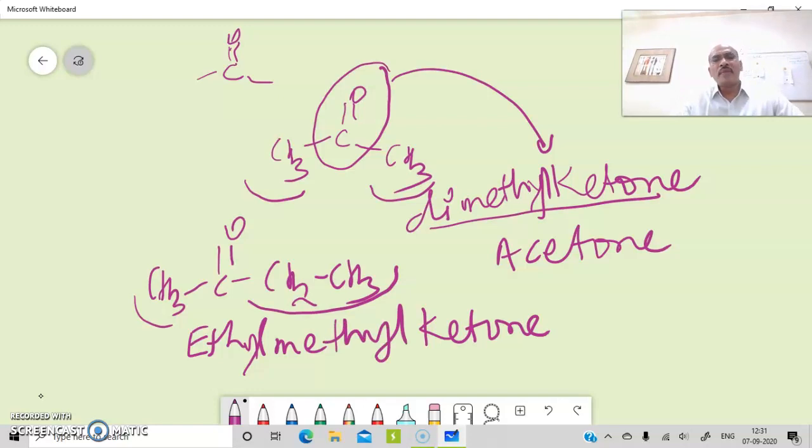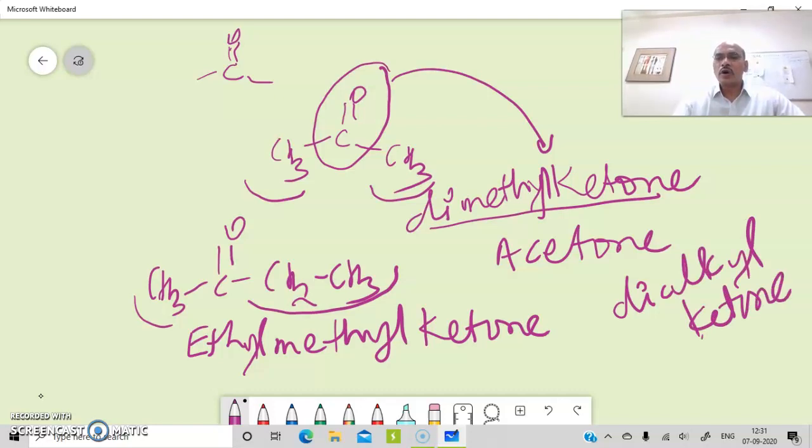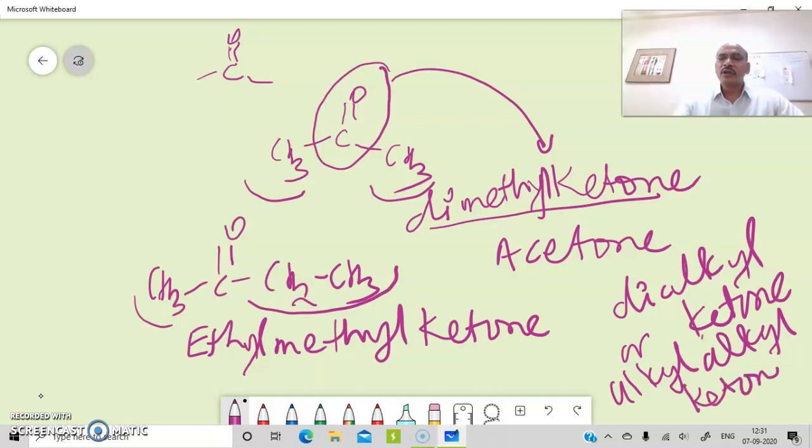So this is the common name wording for ketone. So ketones in the common name system are named as dialkyl ketone or as alkyl alkyl ketone. If two different groups are present, then alphabetically you have to arrange them as alkyl alkyl, and the last name will be ketone. So that is the common name system.